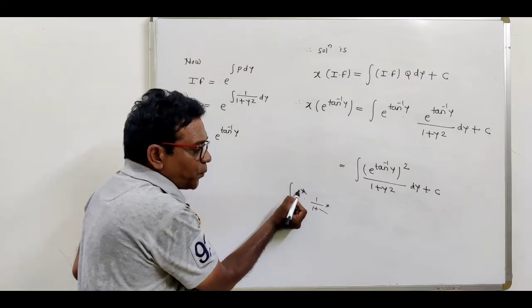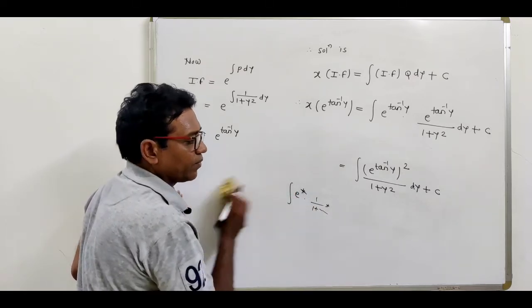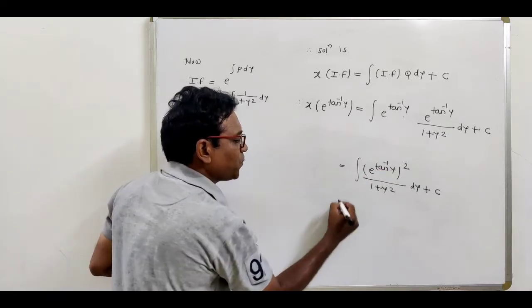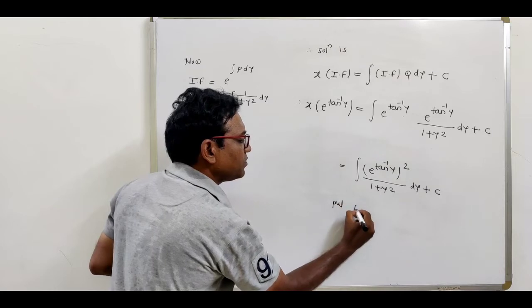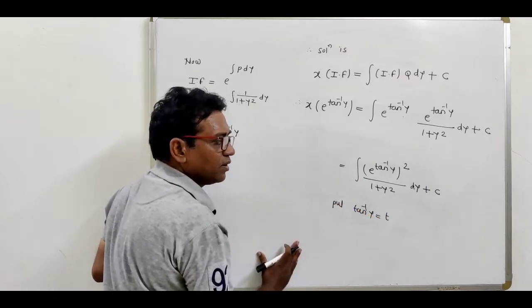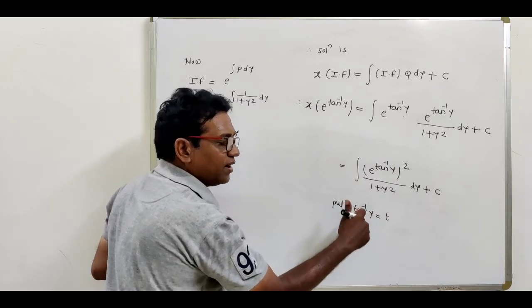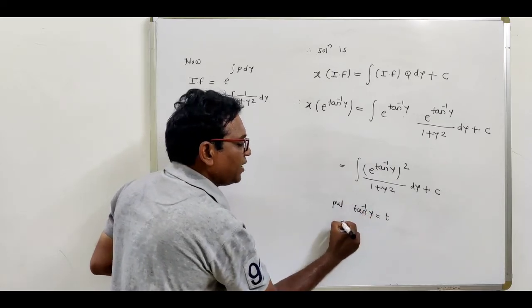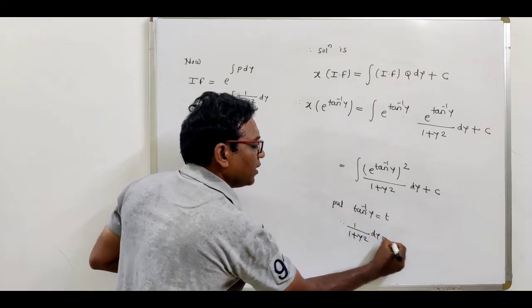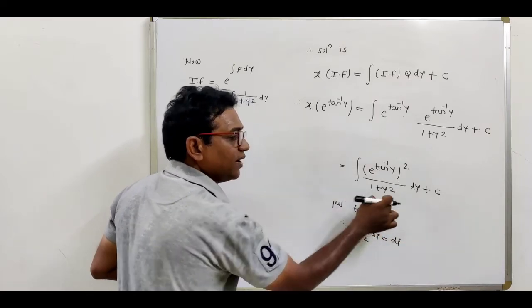Just put this exponential power equal to t. Suppose we put tan inverse y is equal to t, then what is the derivative of tan inverse y? Derivative of tan inverse y is 1 upon 1 plus y square dy. It should be present in the integrand.